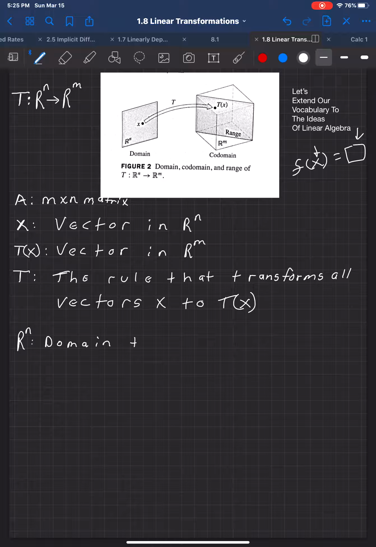It's the set of all x. Now remember, x is a vector. So all x that can be transformed by T.